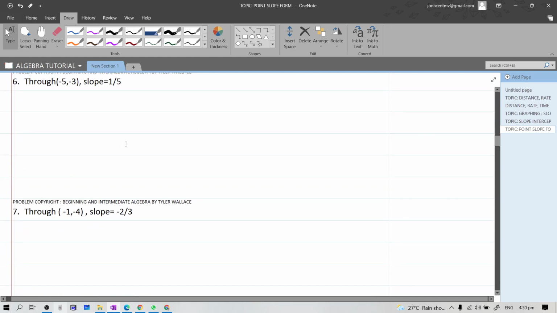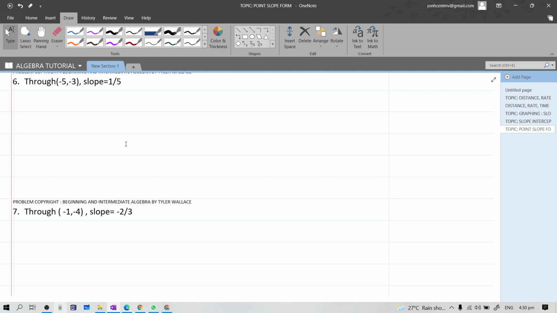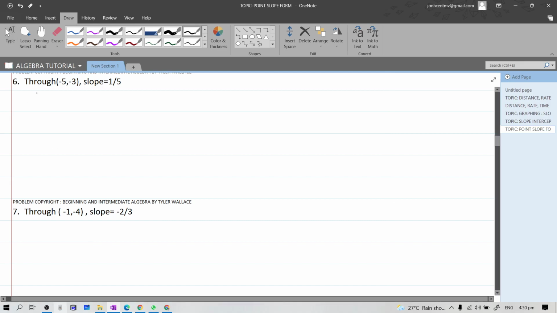Next, for the problem number 6, we have through negative 5, negative 3, slope of 1/5. So, ganun pa rin ang ating gagawin. X sub 1 is negative 5, y sub 1 is negative 3. Ang m natin is 1/5.